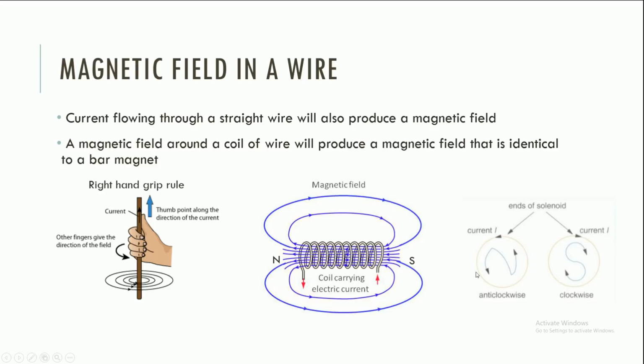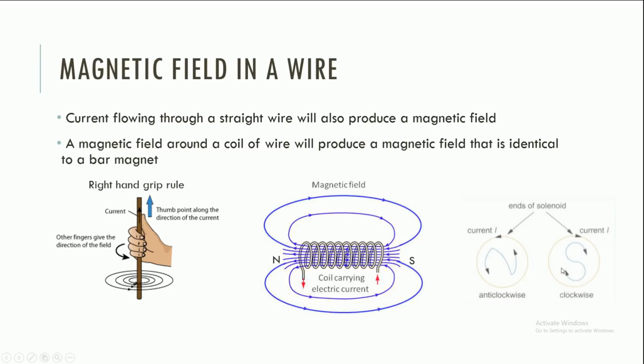And so an easy way to memorize that would be that it makes the shape of an N here, and therefore north. On the other hand, if you look at the right hand side of this coil of wire, you will actually see that the current is flowing clockwise. And so if you take a look and see the shape that it makes, it's sort of like an S shape here, right?